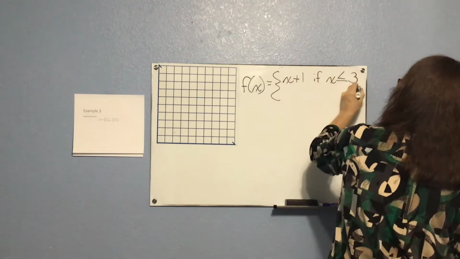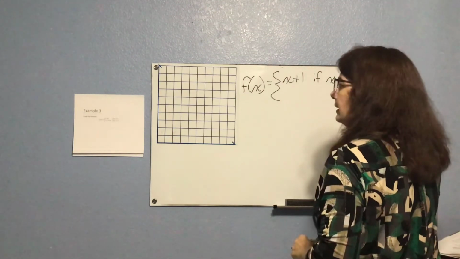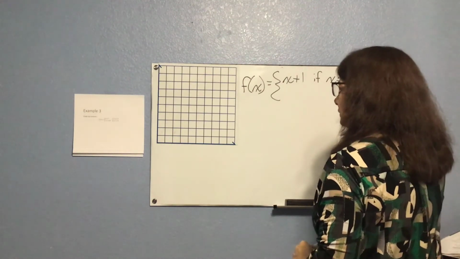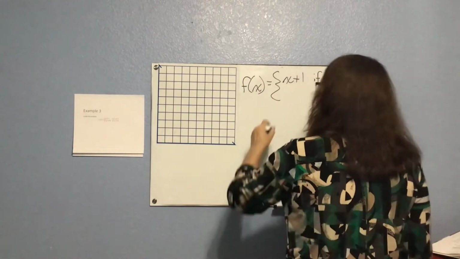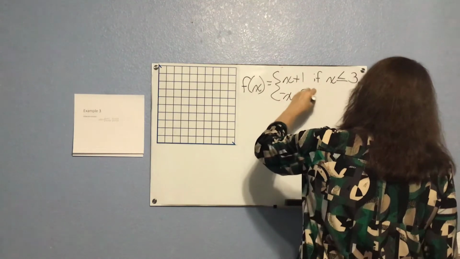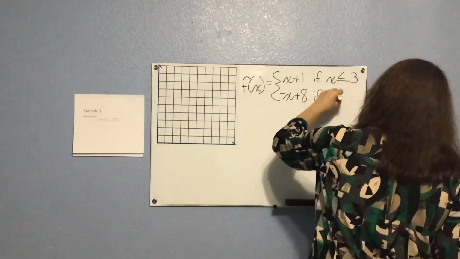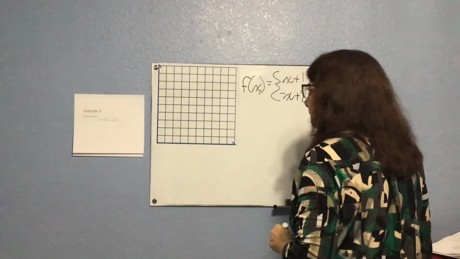So you can see it once again, we've got the equal bar here, and that 3 is going to belong to that first piece of the function. And then we've got negative x plus 8 if x is greater than 3.